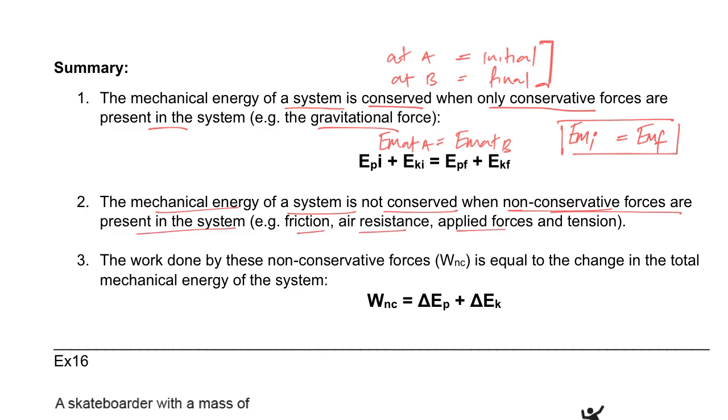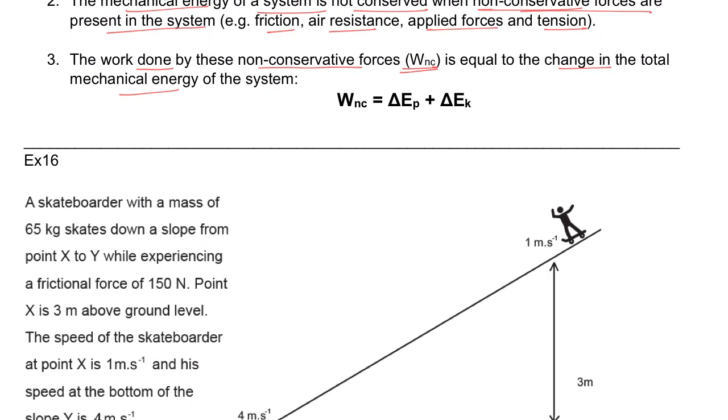Friction, air resistance, applied forces, tension, and so on. The work done by these non-conservative forces, WNC, is equal to the change in the total mechanical energy of the system. That gives me this formula: WNC is equal to the change in EP plus the change in EK.